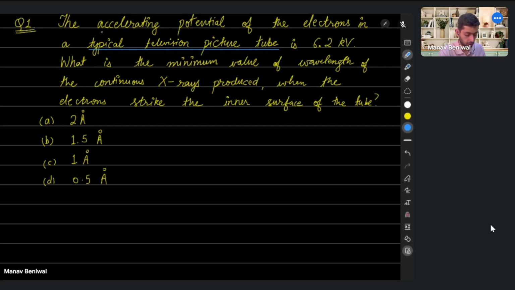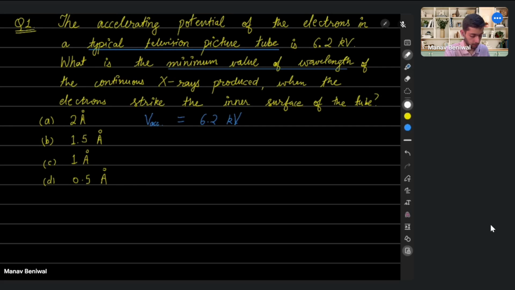Let us write that as V accelerating, that is given to be 6.2 kilovolts. And what we want to find is the minimum value of wavelength of the continuous X-rays produced when the electrons strike the inner surface of the tube.